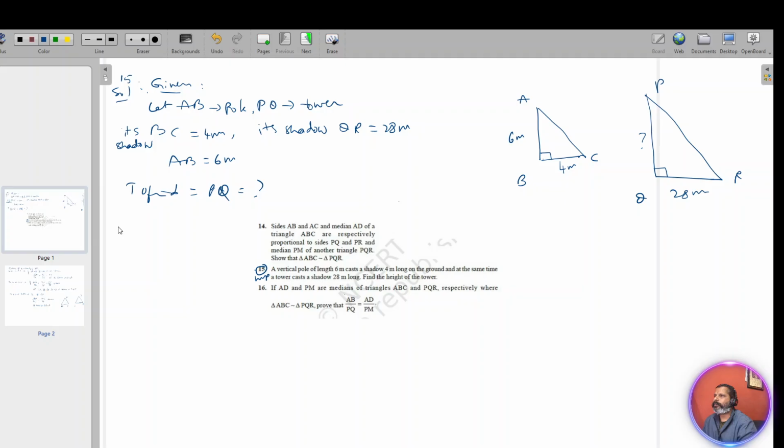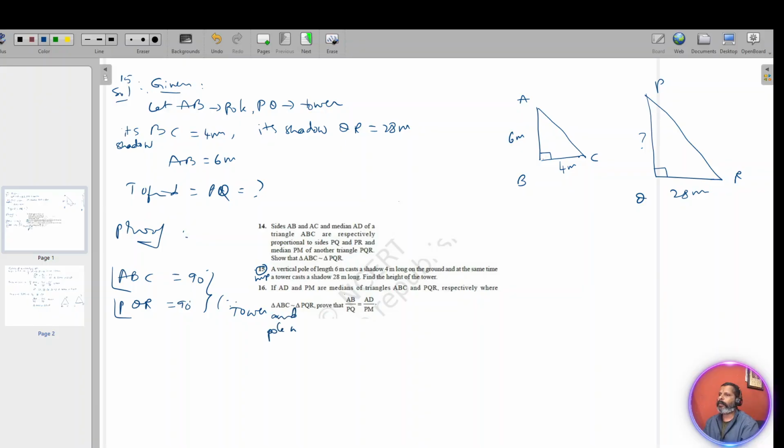Proof. We have already 90 degree because the pole or tower is erected to the ground. Proof. ABC equal to 90, PQR equal to 90. Why? We'll say the reason here.